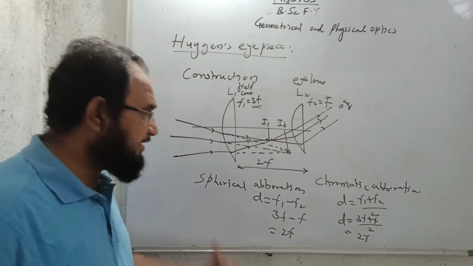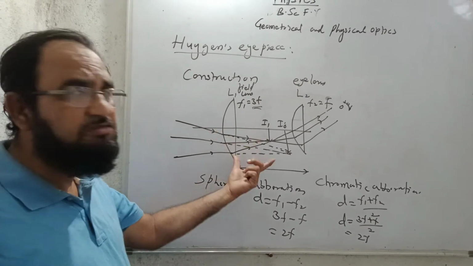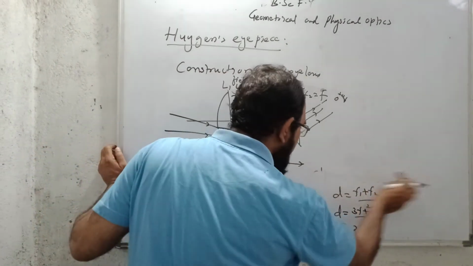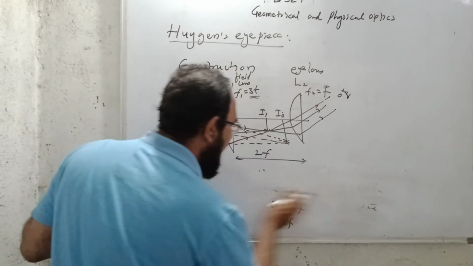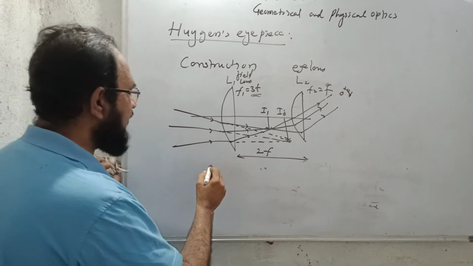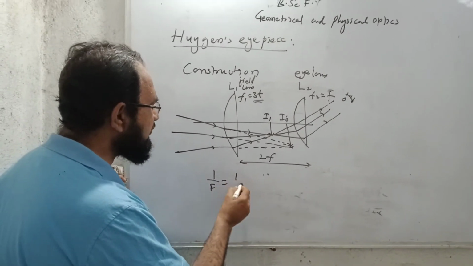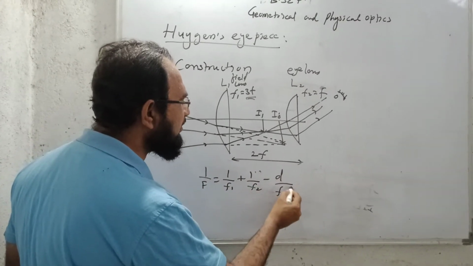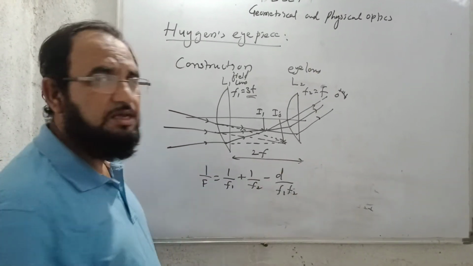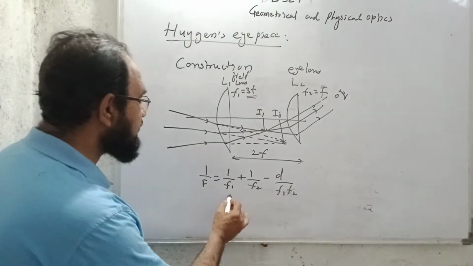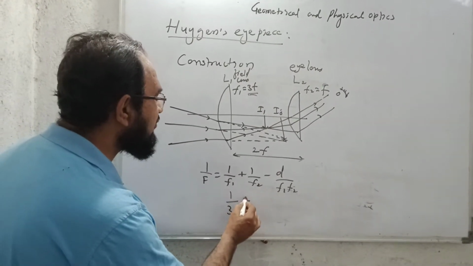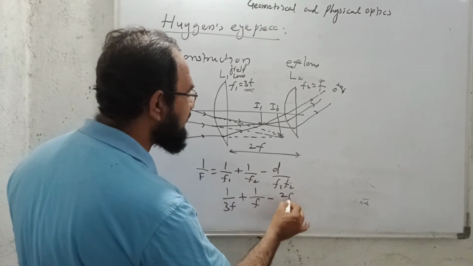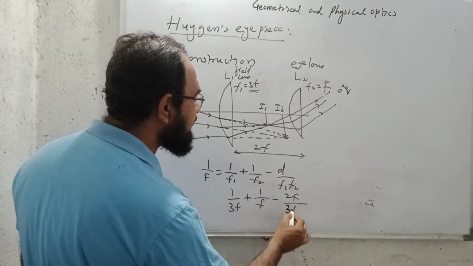Now you can find the equivalent focal length of this eyepiece. To find it, I have the formula 1 by f equals 1 by f1 plus 1 by f2 minus d upon f1 f2, for lenses separated by distance d. Substituting: 1 by 3f plus 1 by f minus 2f upon 3f into f.